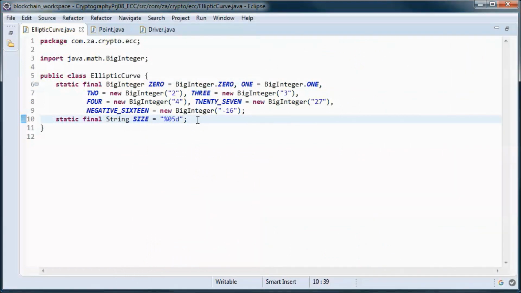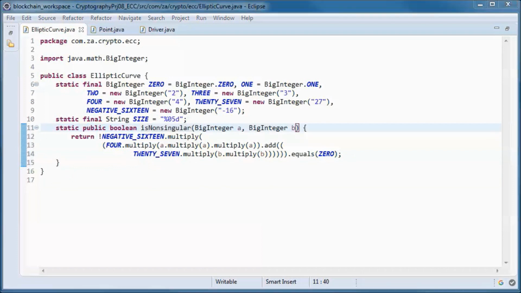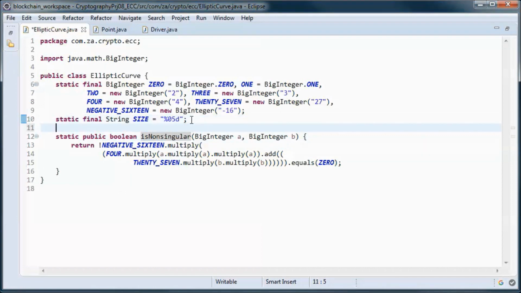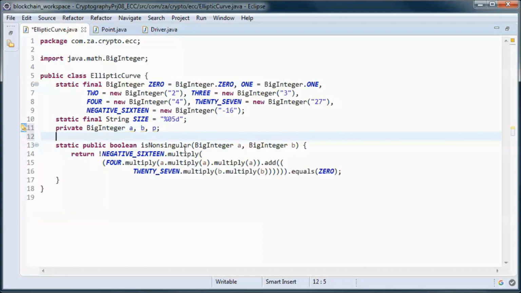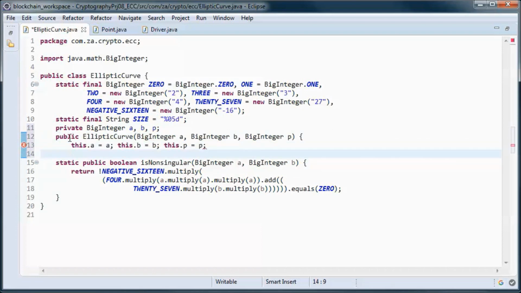So we check for that in this static method. And we want to keep track of the values for A, B, and P for the curve, and we use the constructor to initialize those.